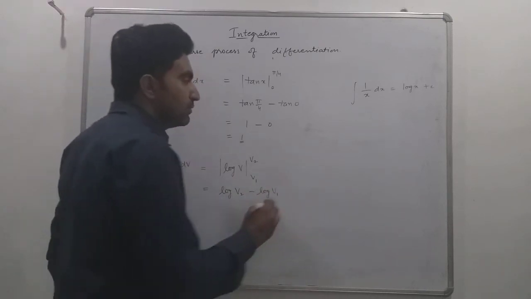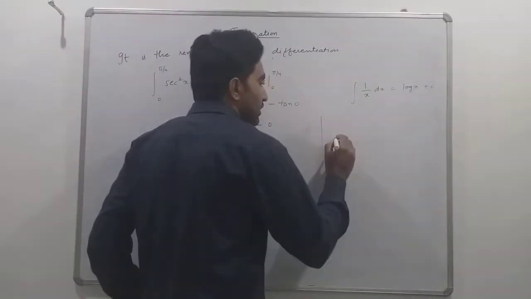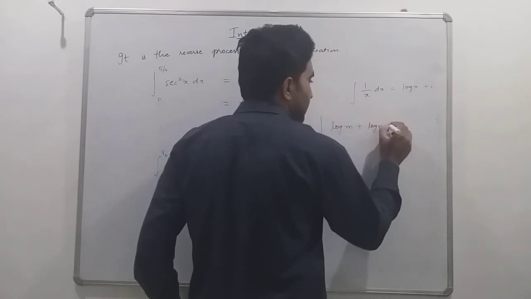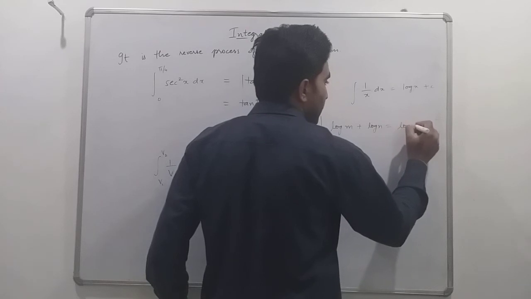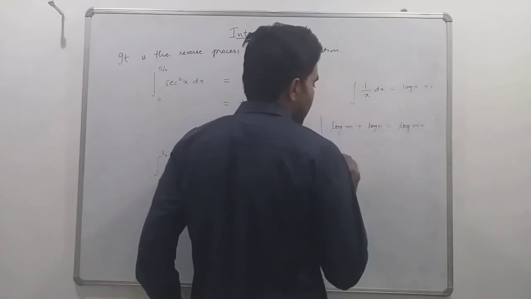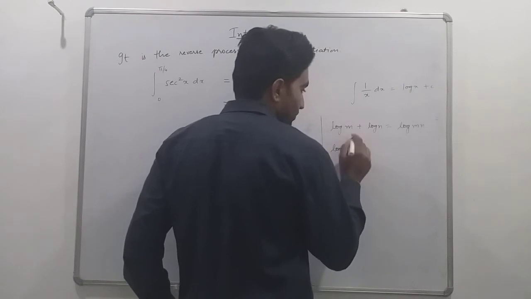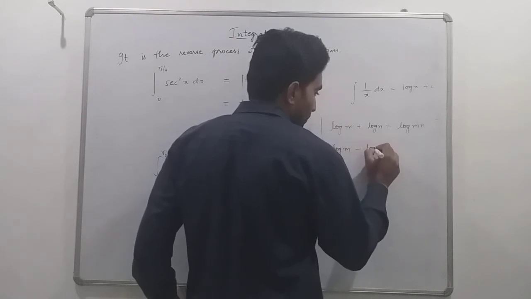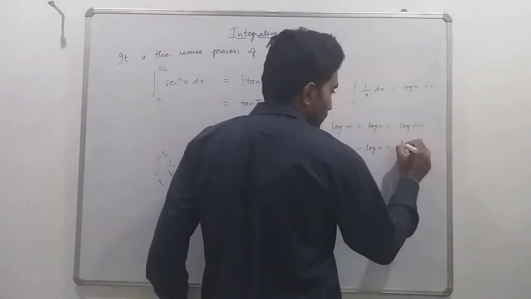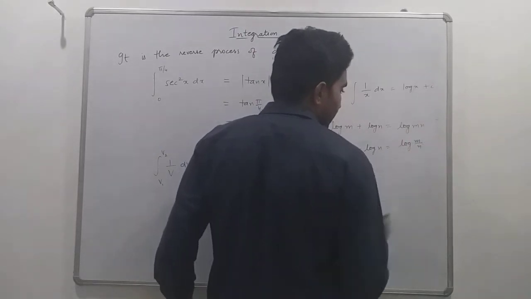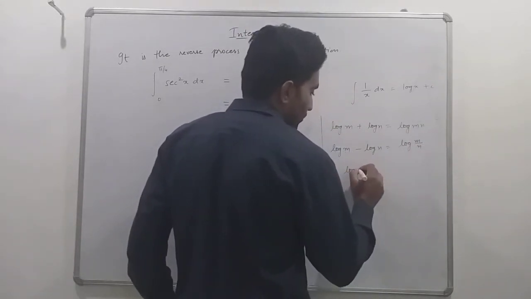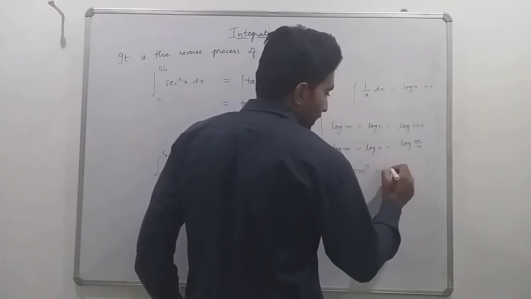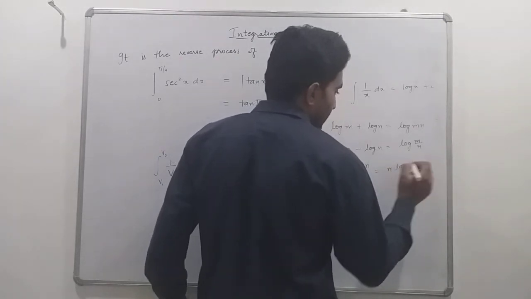Okay, and we have some formulas in case of logarithmic functions. If you are given log of m plus log of n, then the formula is log of m n. Similarly, log of m minus log of n is equal to log of m by n, and if we have log of m raised to power n, it will be equal to n log of m.